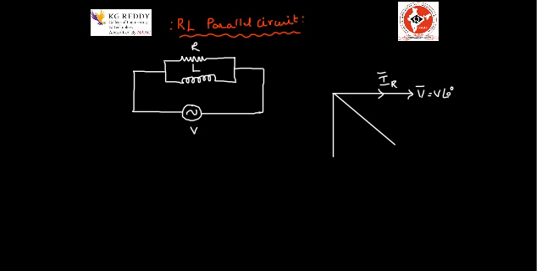Now because of the inductance, I will get IL. This is IL bar, lagging behind by 90 degrees when it is a pure inductor, IL at an angle minus 90 degrees. This is my resultant I.